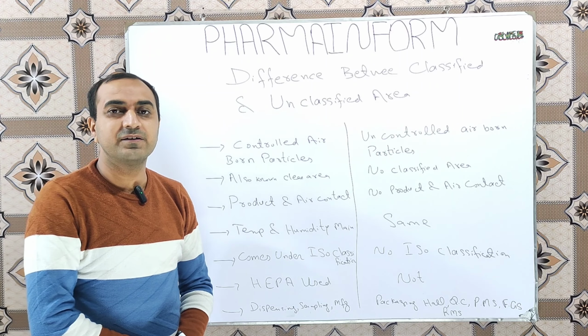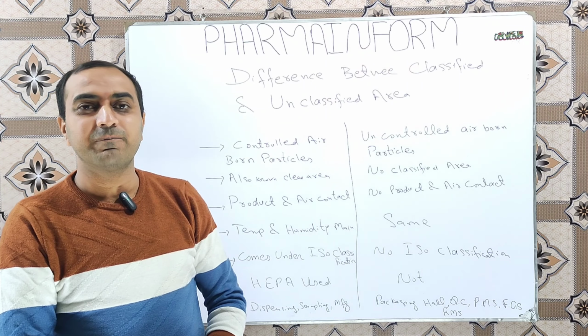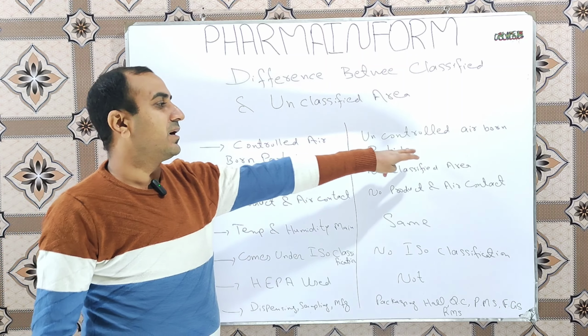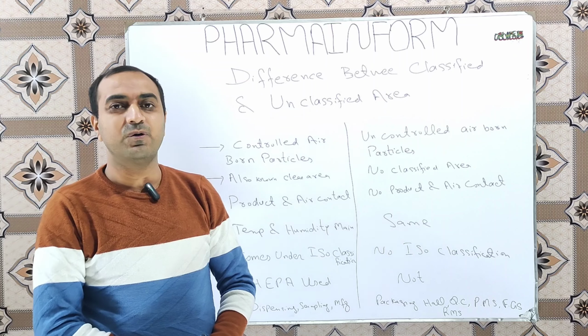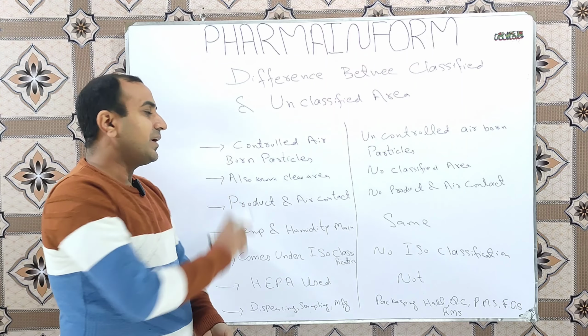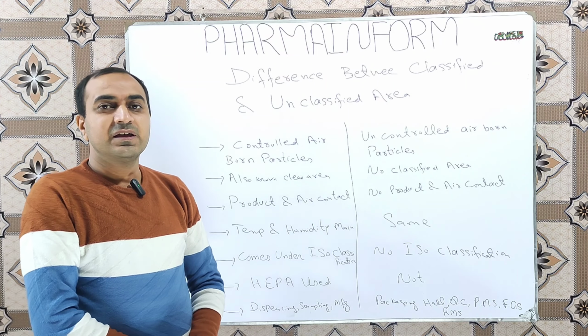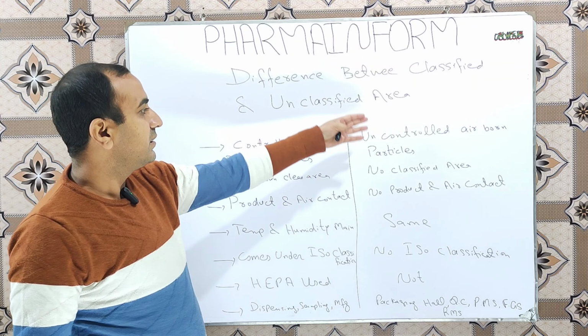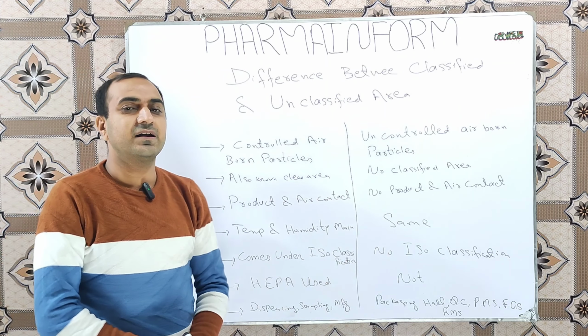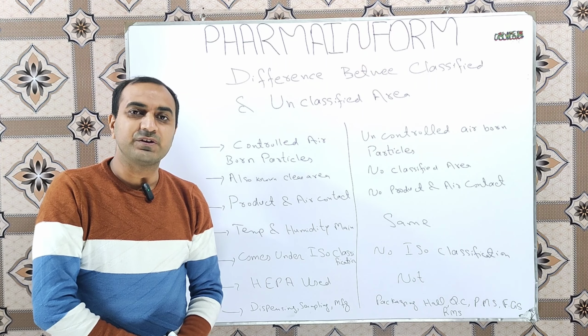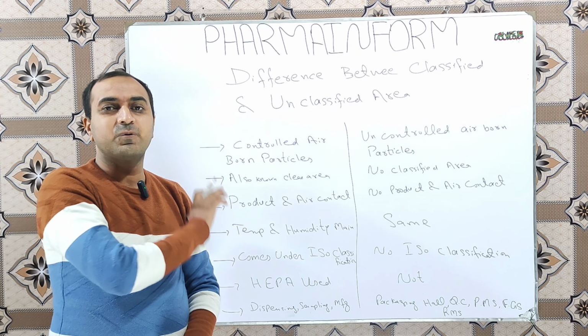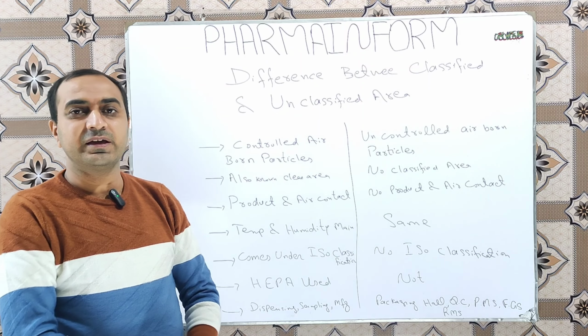In classified areas, we have a controlled number of airborne particles. In unclassified areas, we do not have a controlled number of airborne particles. Classified areas are also known as clean rooms. Unclassified areas are also known as non-classified areas. As we discussed previously, in classified areas, our product comes in direct contact with air.